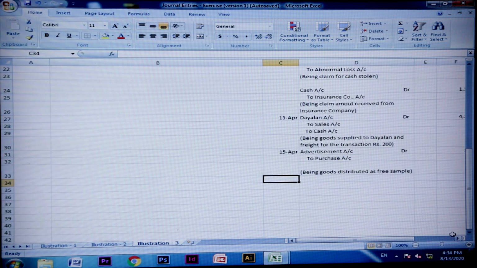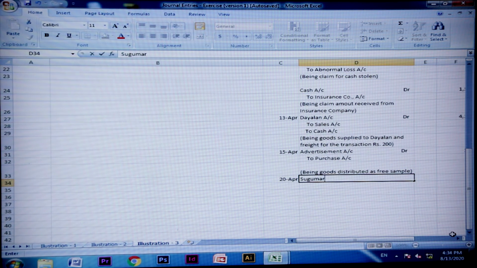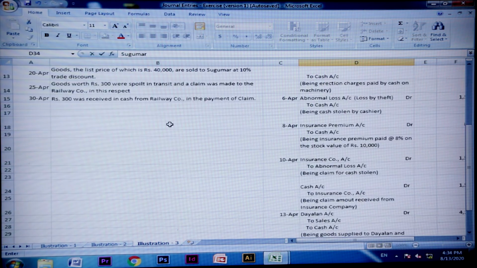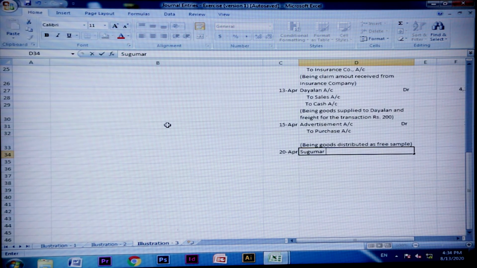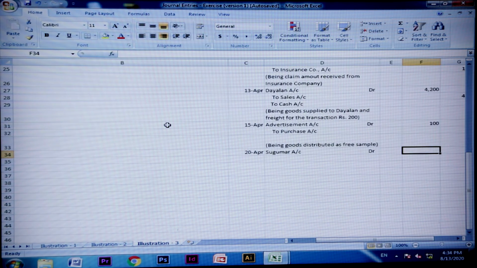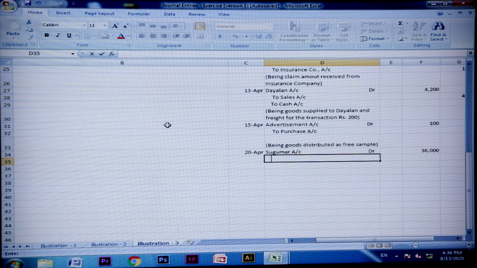So on 20th April, Sugumar is the person who received the goods. So Sugumar account debit; debit the receiver. As he is a receiver, debit Sugumar by 36,000 rupees to sales account.